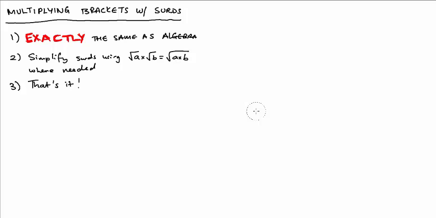If at any point it involves multiplying two surds together, you know what to do. Especially if the two surds are the same, then that surd just becomes like a number. So √6 times √6 becomes just 6. If I get two different roots, say √2 times √3, that just becomes √6. That's it. There's nothing else to this.